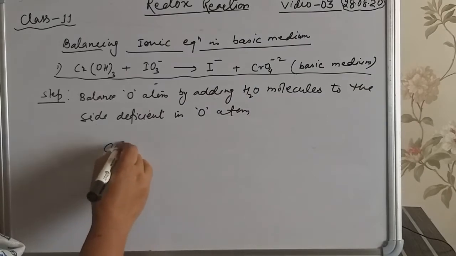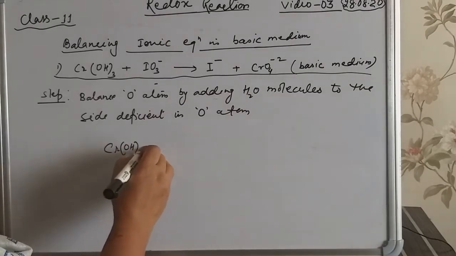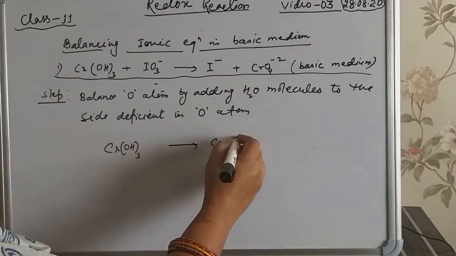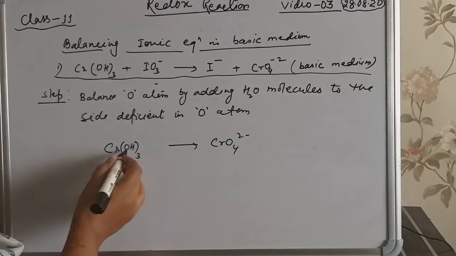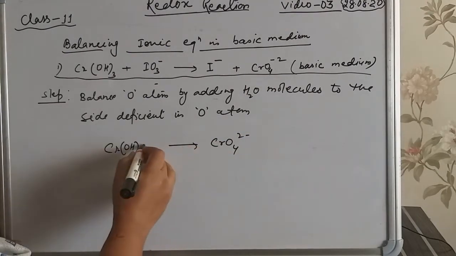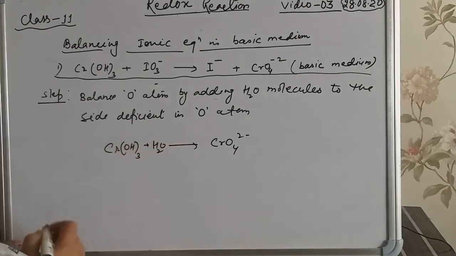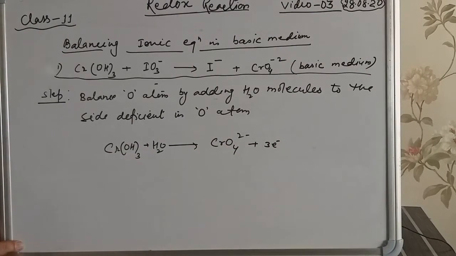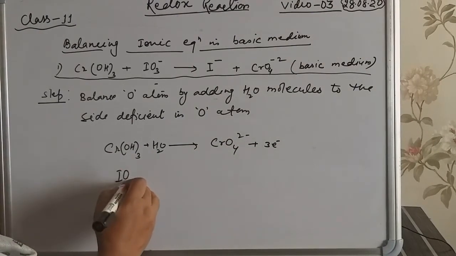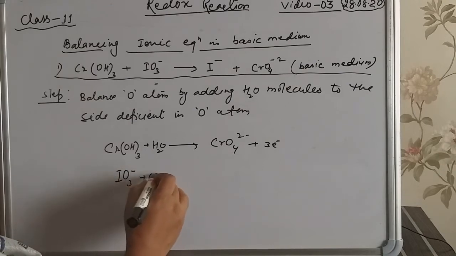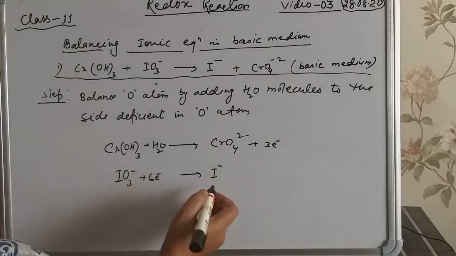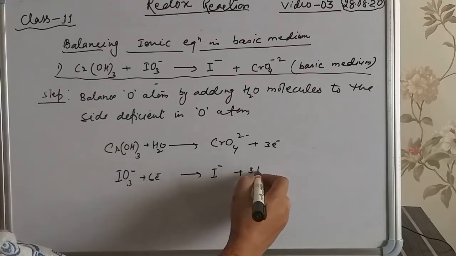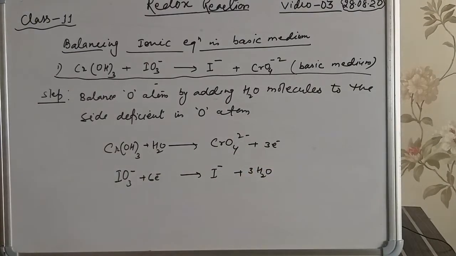Let's see: chromium trihydroxide here has 3 oxygens, and here CrO4 2 minus has 4 oxygens. So a water molecule is added on this side, and the number of electrons is also written in the equation. Then IO3 minus plus 6 electrons gives I minus. This side has no oxygen atom, but there are 3 oxygens here, so 3 water molecules are added to this side.